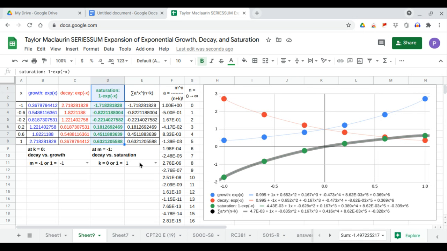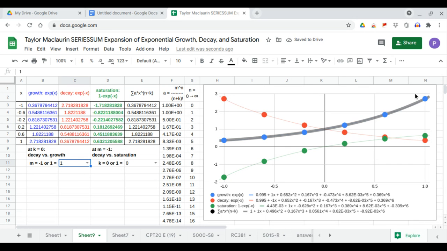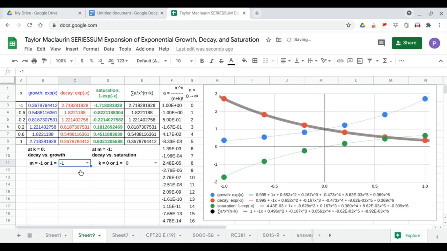Going back to k equals 0, that's the decay, m equals negative 1, and m equals positive 1 is for the exponential growth. So exponential growth, where the blue is approximated by the expansion, and m equals negative 1, this expansion approximates the decay.